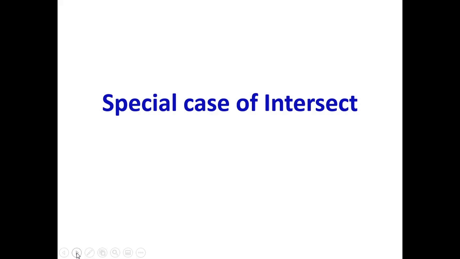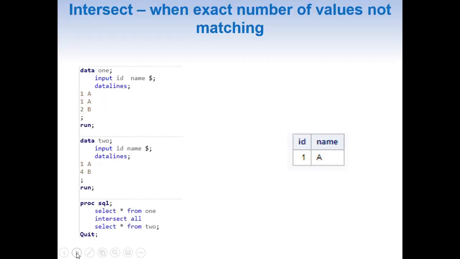Now, as I said to you earlier, intersect is a little different. What I want to show you here is that I'm doing an intersect all, which means it should not remove any duplicates. Let's look into our data sets. We have data 1 and data 2, and in both I have ID and name.